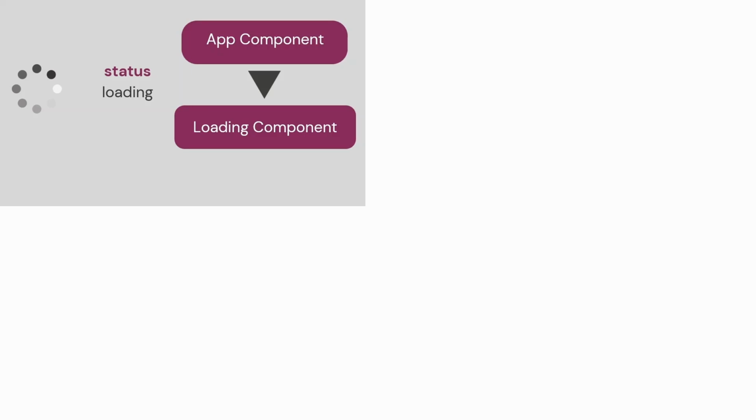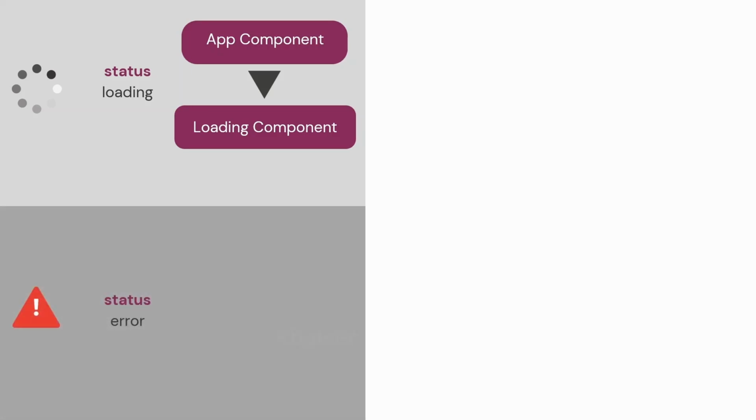Apart from this loading component, I do not want to render any component. So once this loading component is rendered inside app component, only this loading component will be visible. No matter how many components I am having in my project, it is not going to render any other component. Why? Because my status is loading. Once this condition is true, I only want to render this loading component.